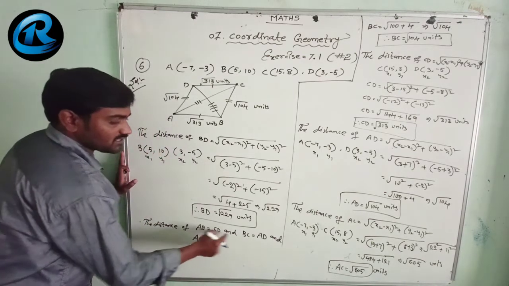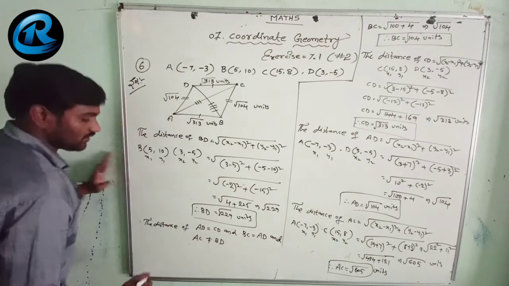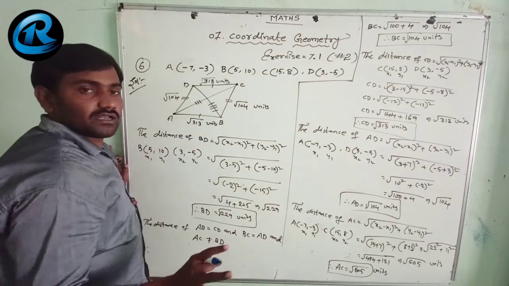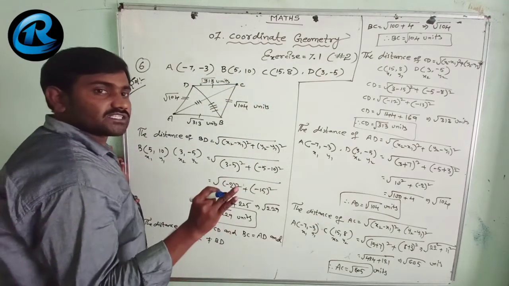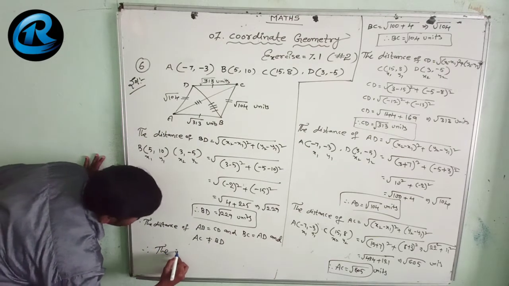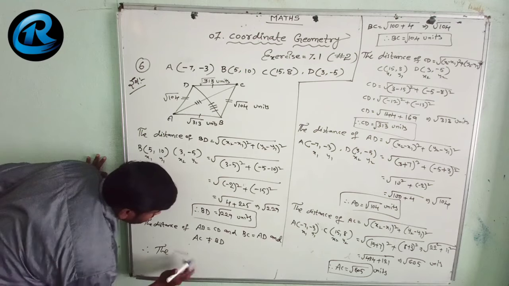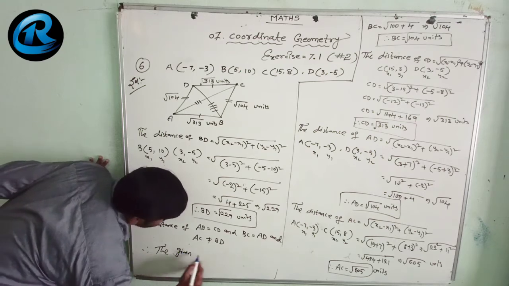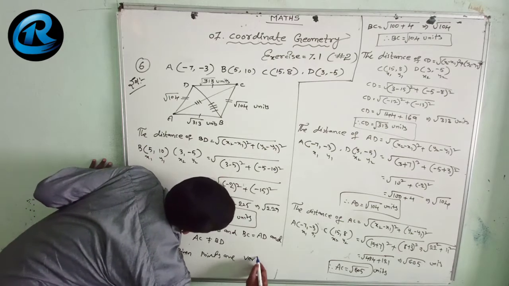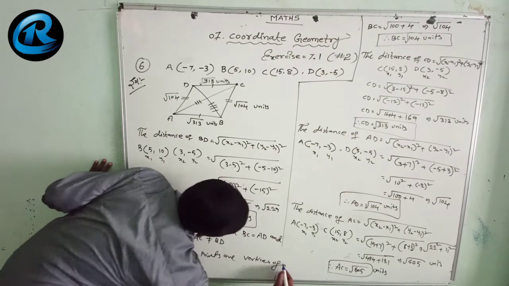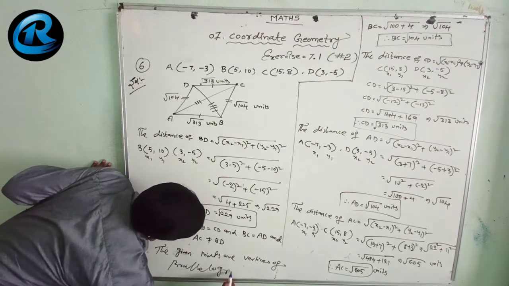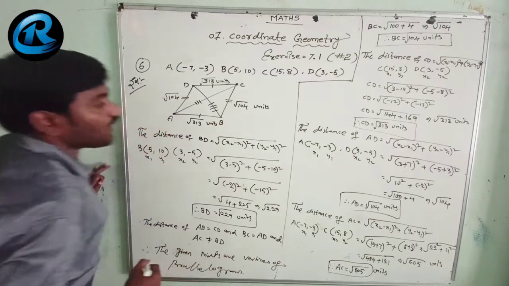That means opposite sides are equal and diagonals are not equal. Hence, the given points are vertices of a parallelogram. అంటే అవి parallelogram ని ఫామ్ చేస్తాయి అని అర్థం.